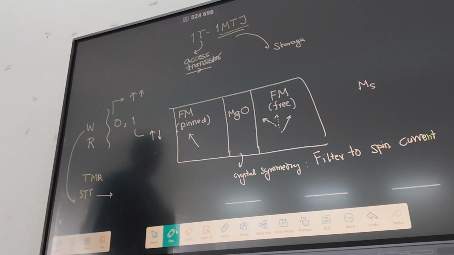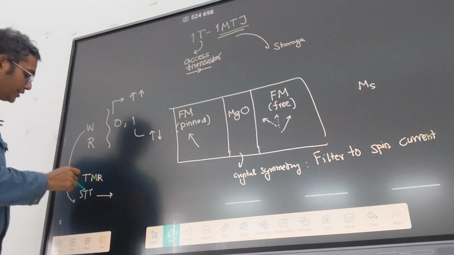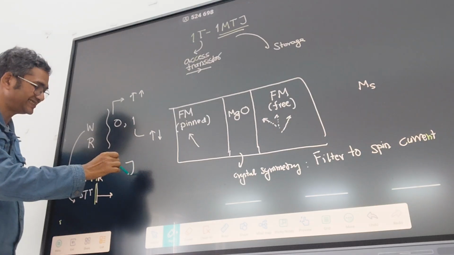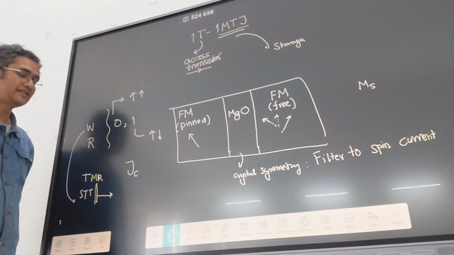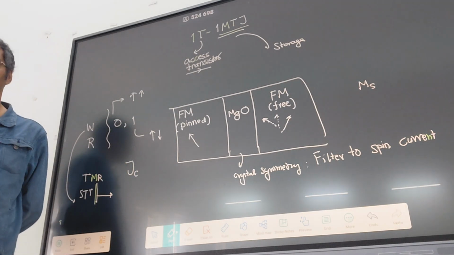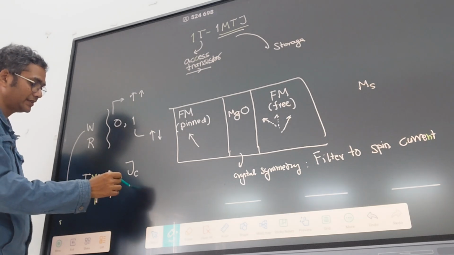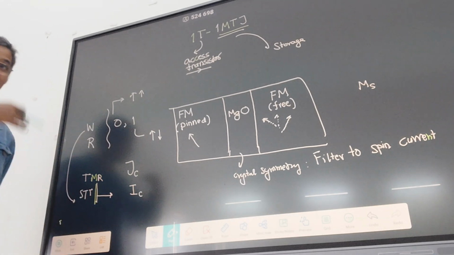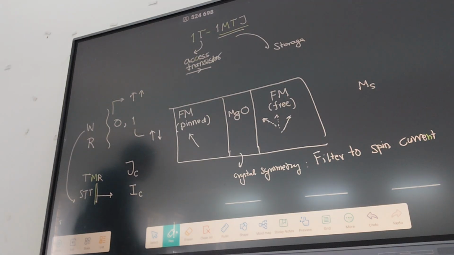Now, for every current or this to be working और ये जो spin transfer जो torque है, इसके लिए एक critical current density होती है. Correspondingly, it has a critical current. When it starts to flip, automatically the flip होना शुरू नहीं होगा.